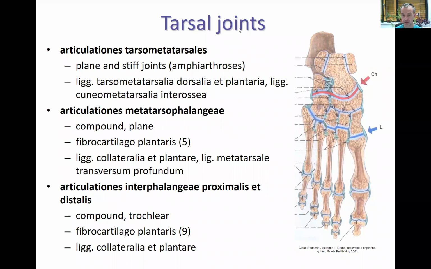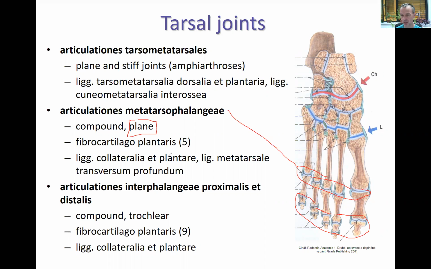Of course, then we have the metatarsophalangeal joints here, and then the interphalangeal joints. But they are similar to these joints in the hand. The only difference is that these metatarsophalangeal joints are not elliptic, but they are plane. Ellipsoid, they are not ellipsoid.